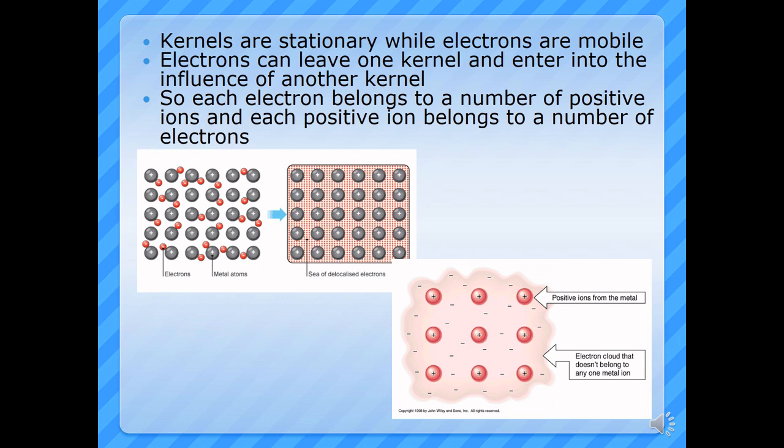This means the electrons can move about freely inside this metal lattice, but the kernels cannot move. Now, one kernel is not associated with one electron. Since the electrons are freely moving about, each electron will be under the influence of a number of kernels. Similarly, each kernel will belong to a number of electrons.